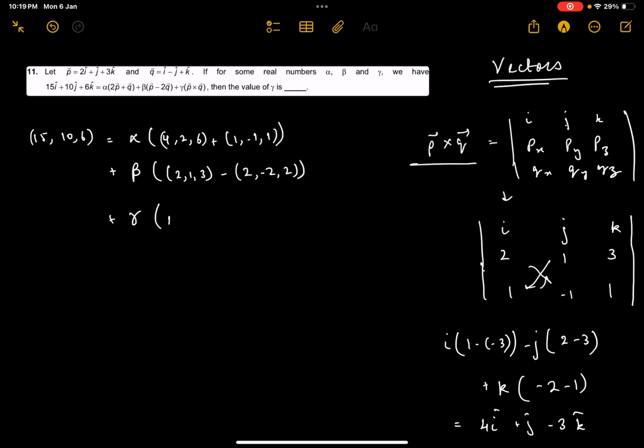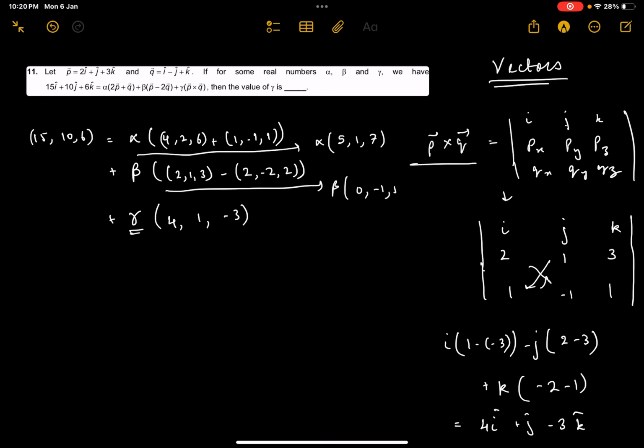So we substitute this here, and now we are asked for the value of gamma. So this becomes alpha times 5 comma 1 comma 7, plus beta times 0 comma 3 comma 1, plus gamma into 4 comma 1 comma minus 3.